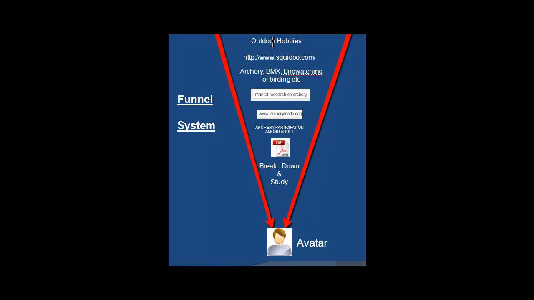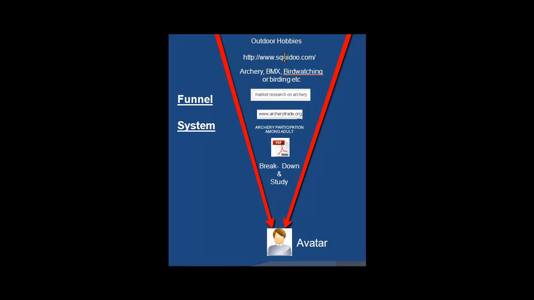I went into Google, I searched outdoor hobbies, and the first thing that came out is this website, www.skidoo.com. Skidoo.com is kind of similar to eZine articles, where you publish your articles and put your anchor text there.